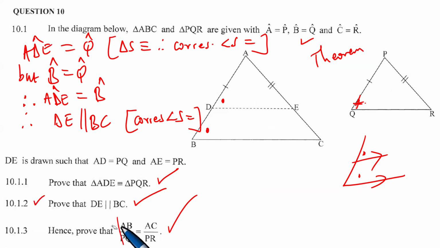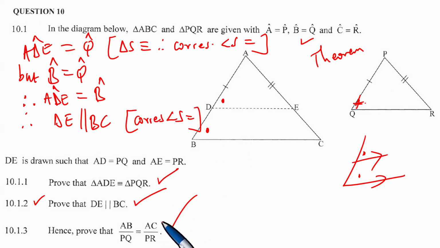Okay, now if they say prove 10.3, the students will be like, how? Where do I start? To start, you need to prove that this triangle here is congruent to this triangle here. You go back to grade 10 to prove congruency. Then you deduce that DE is parallel to BC.